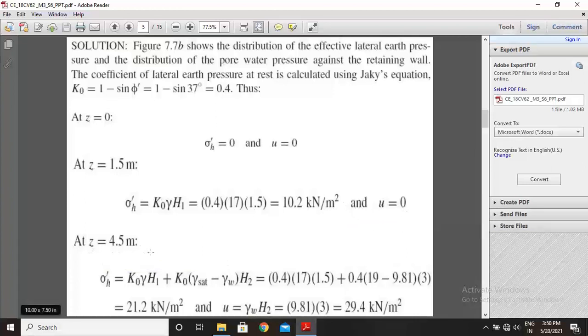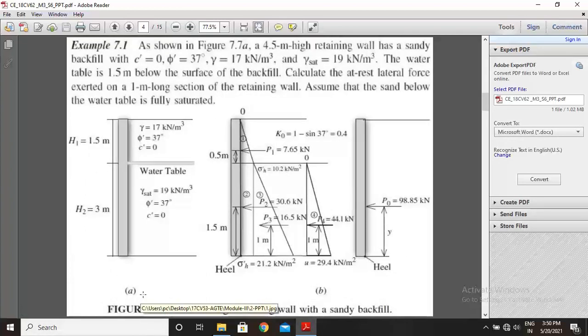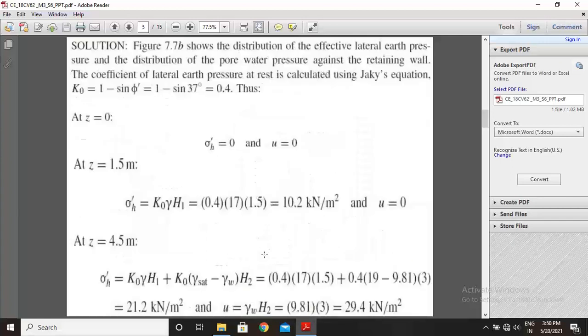At Z equal to 4.5 meter, the lateral earth pressure sigma'h equal to this plus this pressure. Okay, see, K0 into gamma into H1 plus K0 times density into height, that is gamma saturated minus gamma W into H2.